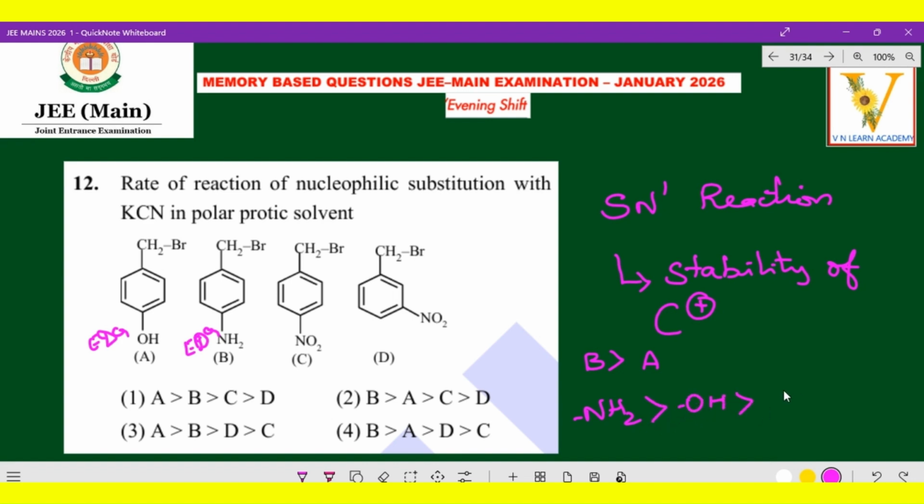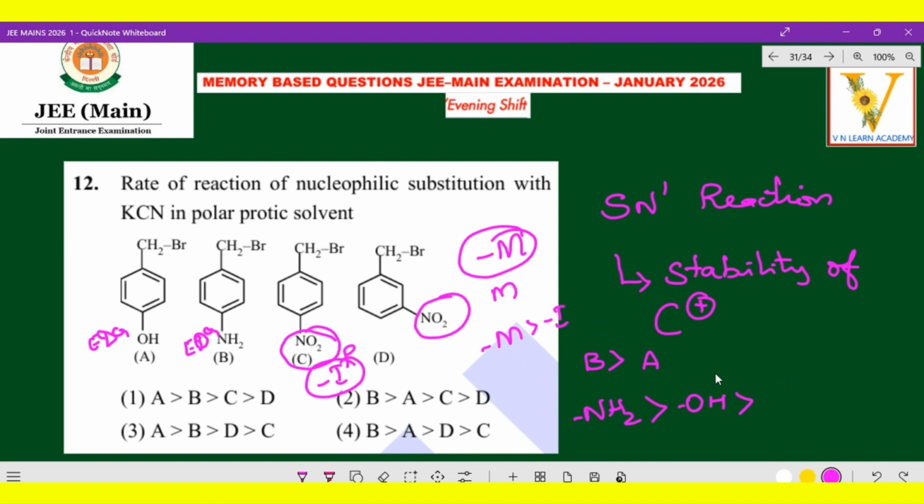Next one is meta and para. Both are electron withdrawing groups. This is meta position and this is para position. In the meta position there is minus I effect, whereas here minus M effect. Minus M is greater than minus I. So naturally here D is greater than C. That's all the point we got.